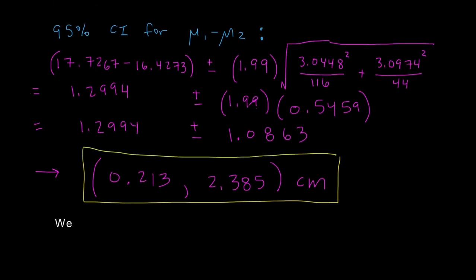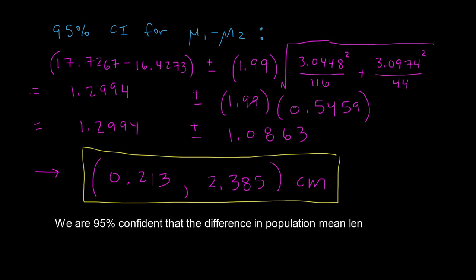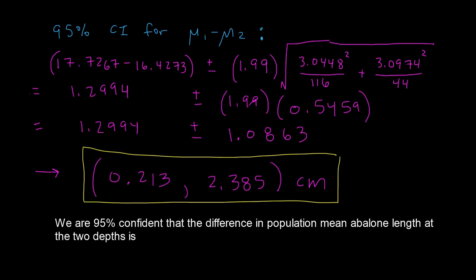So what we would say is that we are 95% confident that the difference in population mean length, mean abalone length, I should say, at the two depths is between 0.213 centimeters and 2.385 centimeters.